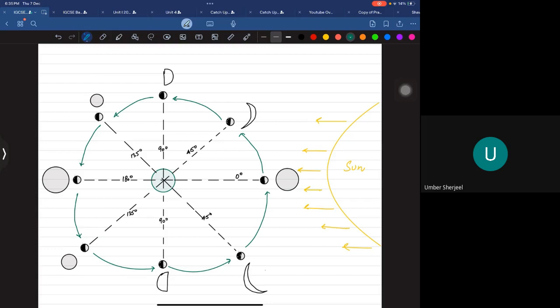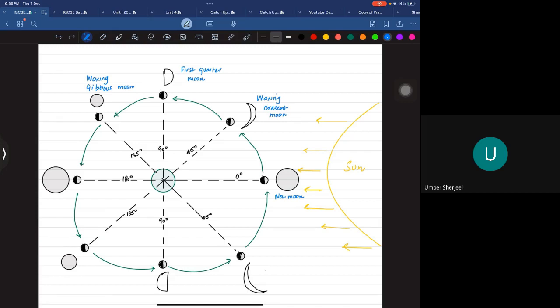So remember that. Now they have their own names as well. This one is the new moon. This is called waxing crescent moon. This is called first quarter, because now it has moved 90 degrees. Quarter moon. This is waxing gibbous. The spelling of waxing gibbous is G-I-B-B-O-U-S, gibbous moon.